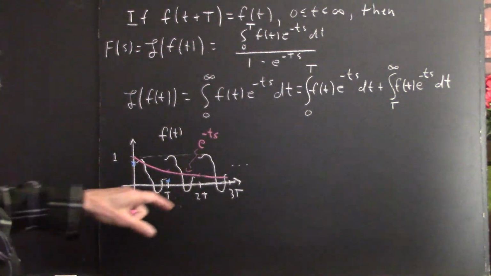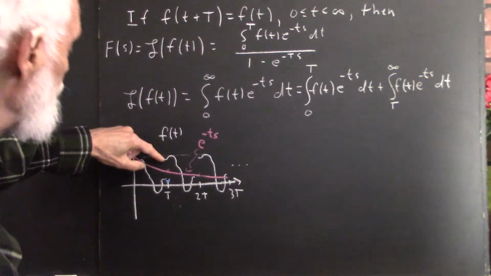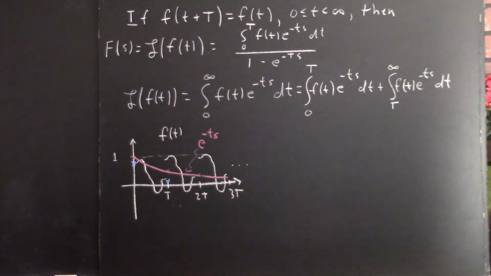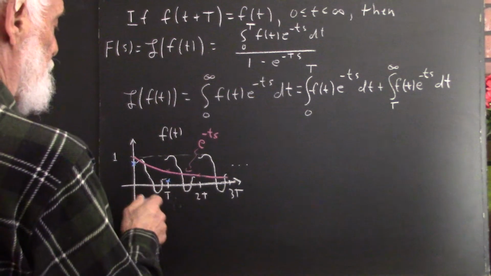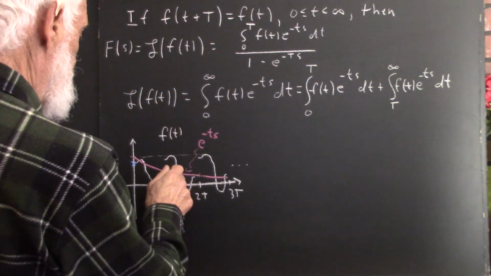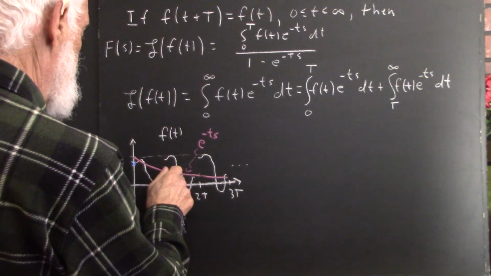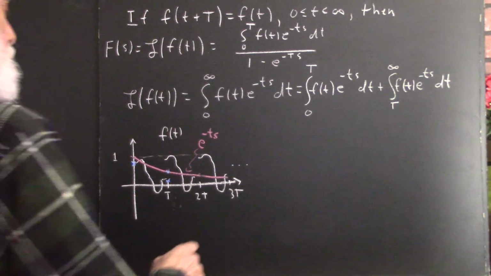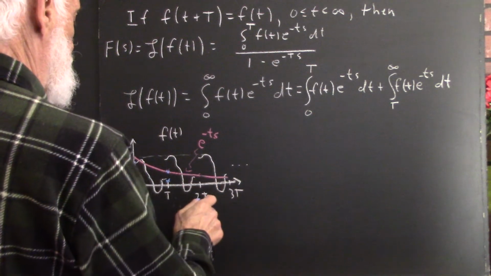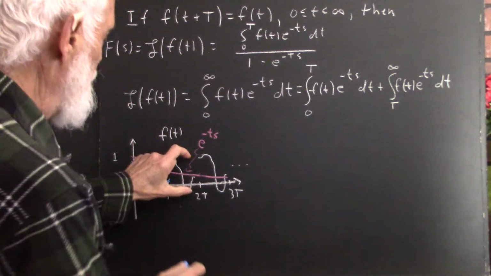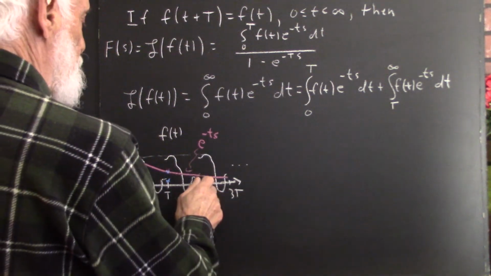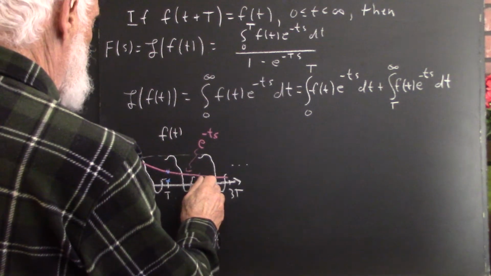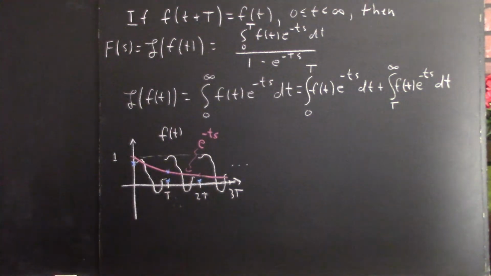And then by the time we get out here, of course this period of the function is going to start out with a value about here. By the time we get out here, the value is going to be down to maybe a third to a fourth of the value. Now if it's half here, it's going to be a fourth here. And just go back to the properties of exponential functions to understand that.